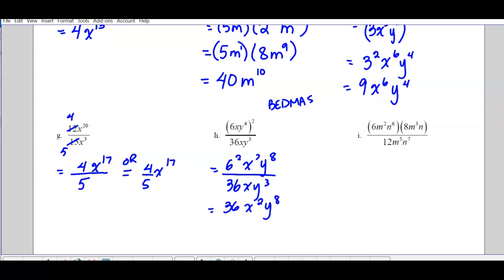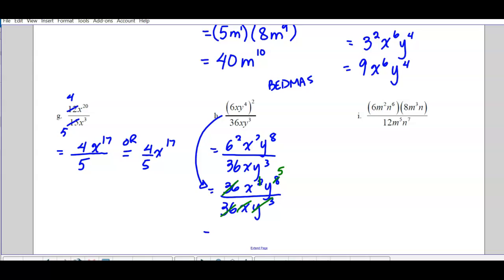So you could go straight to 36. So here to here, and now 36 is divide out, right? And then x goes into x squared once, y cubed goes into y to the 8th, y to the 5th times. You're subtracting those exponents. So that's going to be x, y to the 5th. All right.